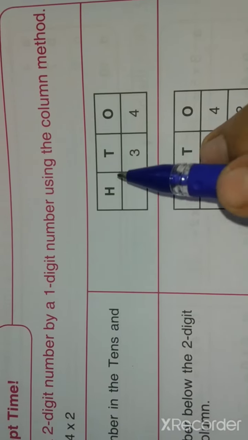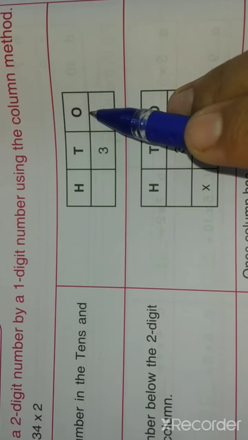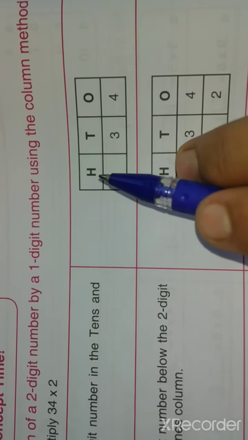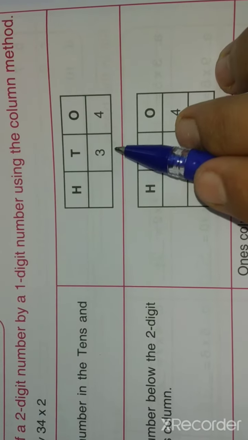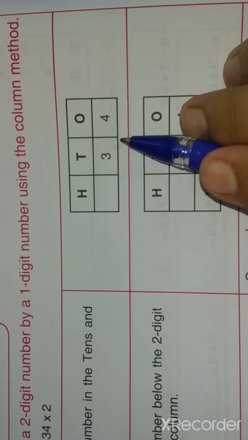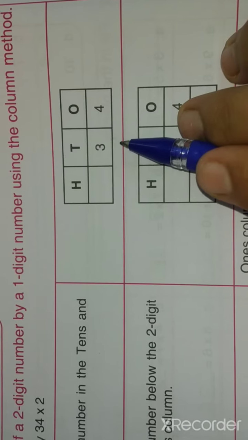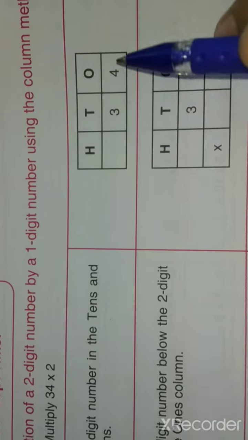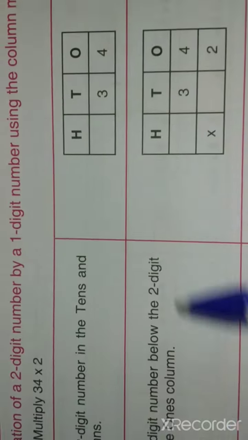Each and every time when we write the number, we have to write ones, tens and hundreds columns, right? Where will we write the 2-digit number? In the tens and ones columns, we have to write 34. Why do we have to write the 34? Because 34 is the multiplicand.